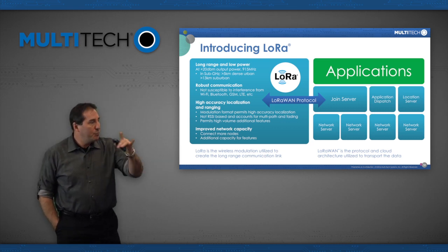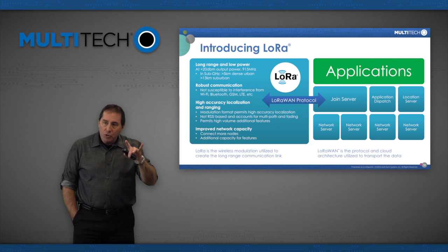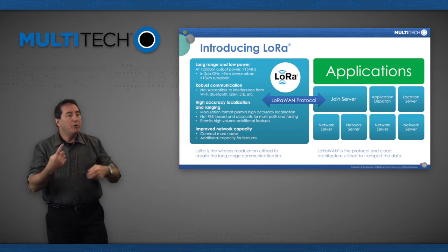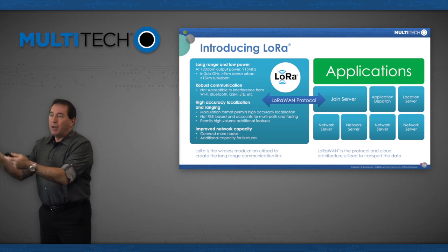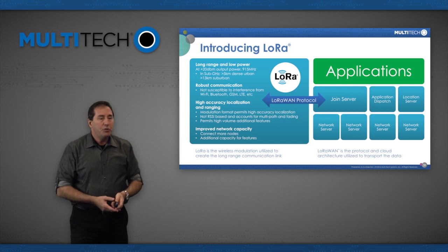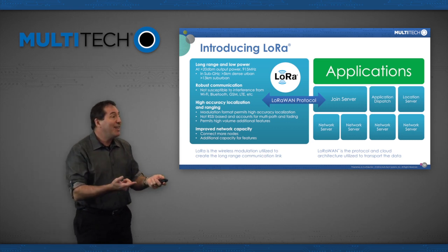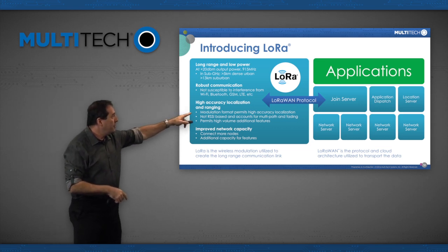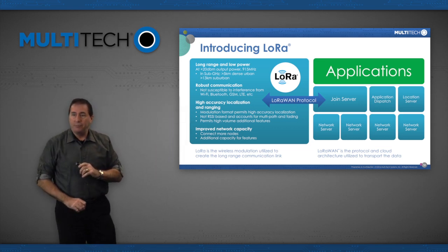That's why carriers are making public networks out of it. That encrypted application packet is sent to the application dispatch server, which decrypts it and then hands it over to your application decrypted. So if you were sending location data and you wanted it to go to Google Maps, that would decrypt it and pass it to Google Maps.